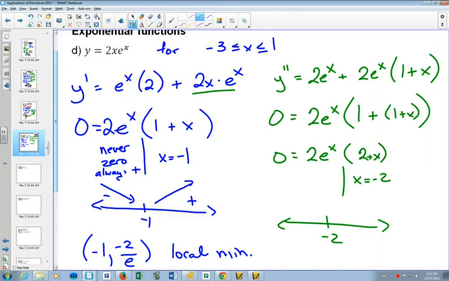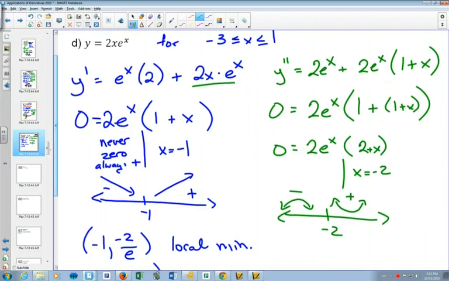So plugging in something less than -2 will make this negative, concave down. Larger than -2 will make it positive, concave up. So we've got -2 as an inflection point.